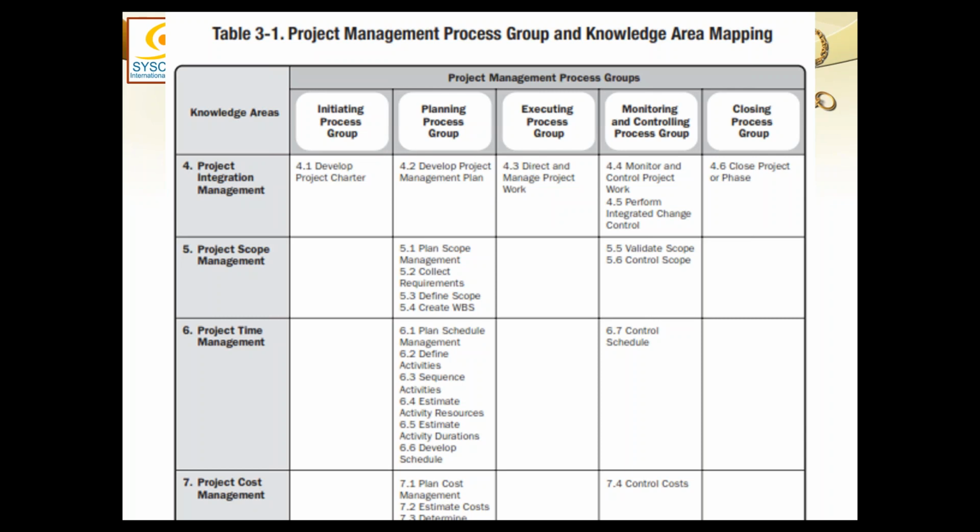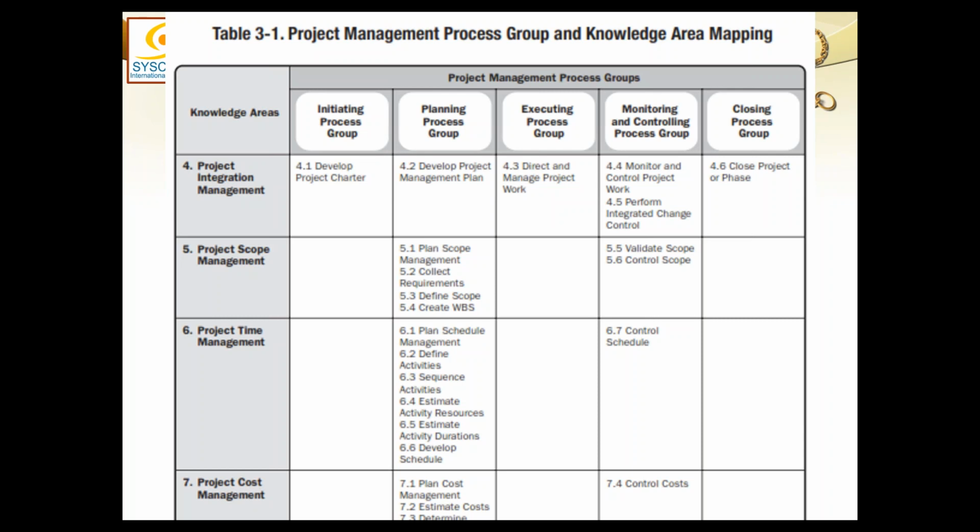In monitoring and control, we need to control everything. In every knowledge area we have to exercise some kind of control which will ensure that things are happening as they should have happened. So there is one planned picture and one on-ground picture.